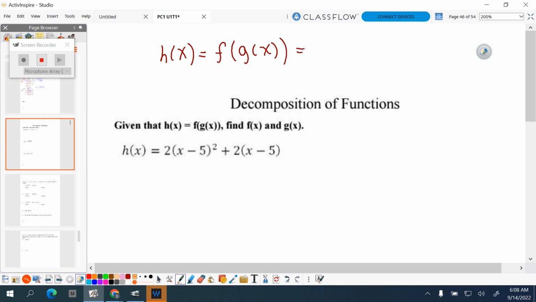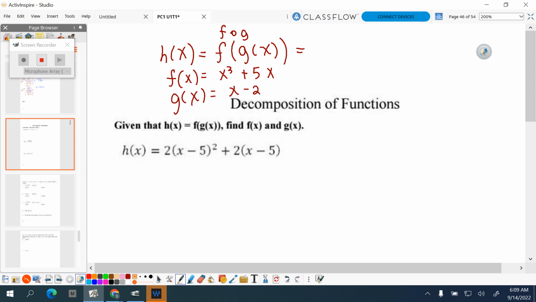So let's say with the composition, we want to compose f of g of x, or we might see it as f of g. Let's say f of x equals, I don't know, x cubed plus 5x. Let's say g of x equals x minus 2.